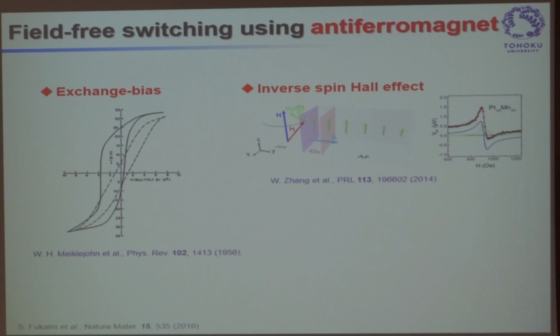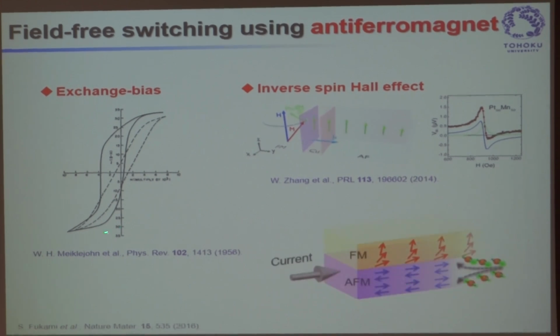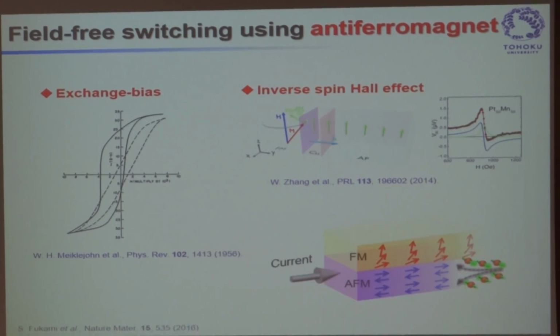We've seen this figure a number of times, so I will not go into detail, but basically what we wanted to do is to see if we can exchange bias this thing and also get a large enough spin Hall effect from this antiferromagnet, so that we can switch the ferromagnetic layer we placed on top.